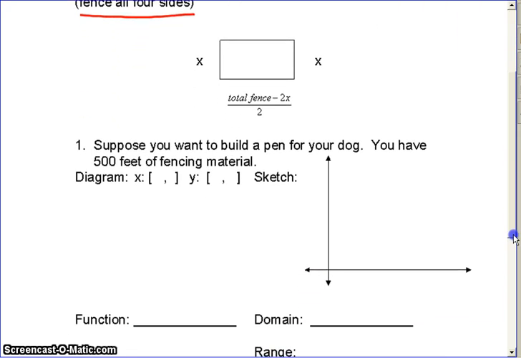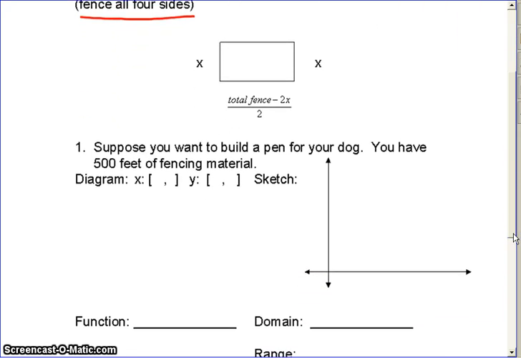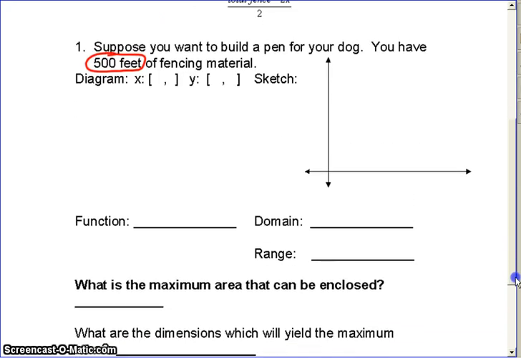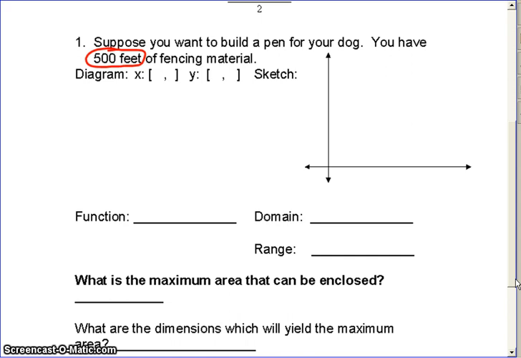Suppose you want to build a pen for your dog. You have 500 feet of fencing material. Okay, we need to find the area of this dog pen. And if we look down here, it says, what is the maximum area? Really what that means is we're looking for the vertex.